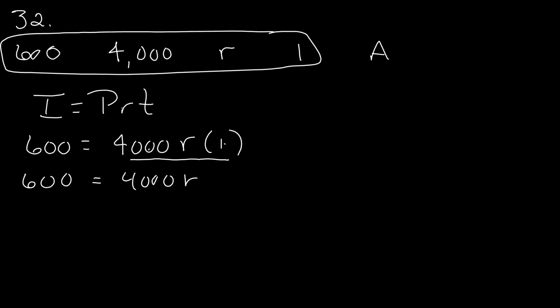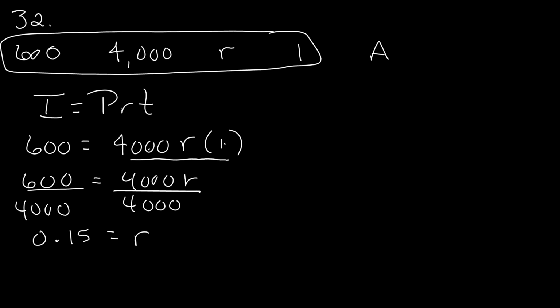And anytime you want to get rid of something that's being multiplied, you always divide, which we've done before when we were doing proportions. So R, if I take my calculator, is 600 divided by 4,000. And I come up with 0.15. Since we want the percentage, we need to change it by moving our decimal 2 places to the right.